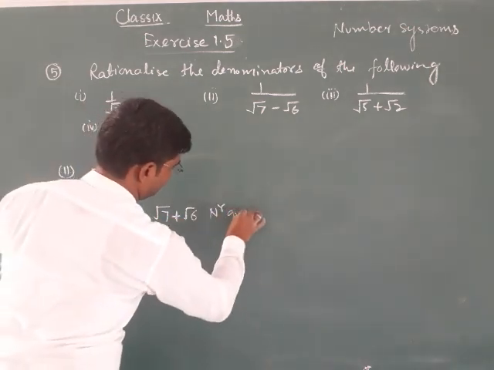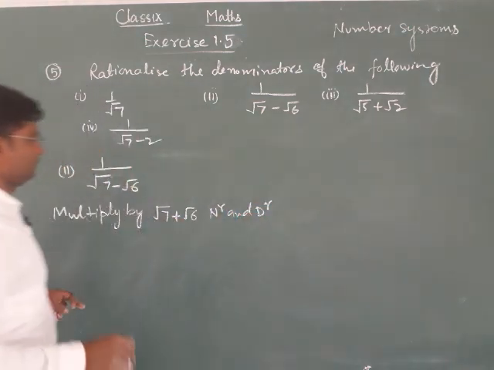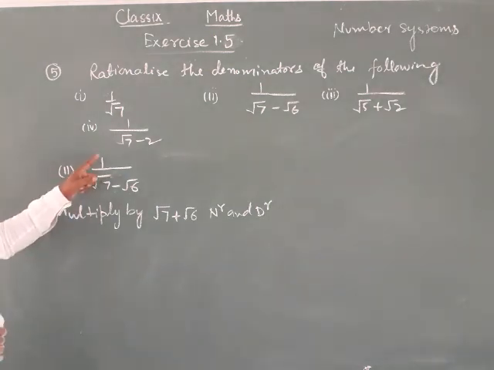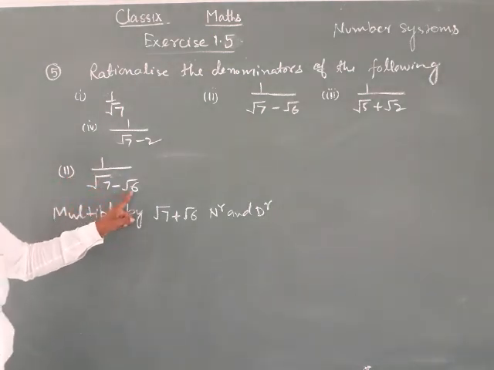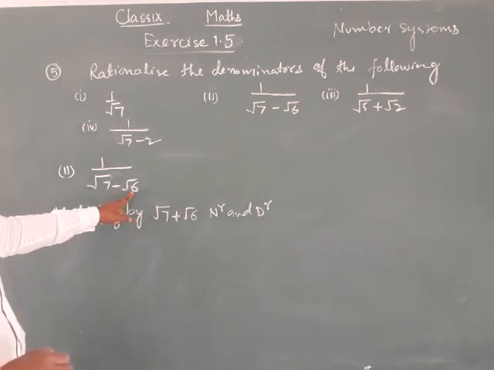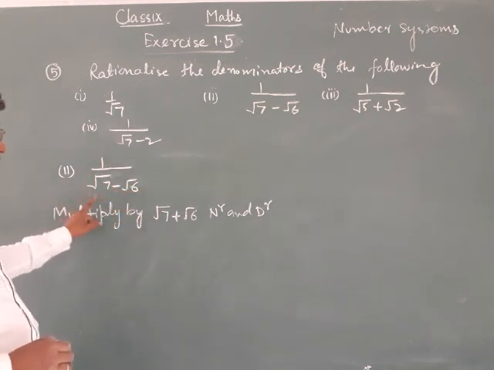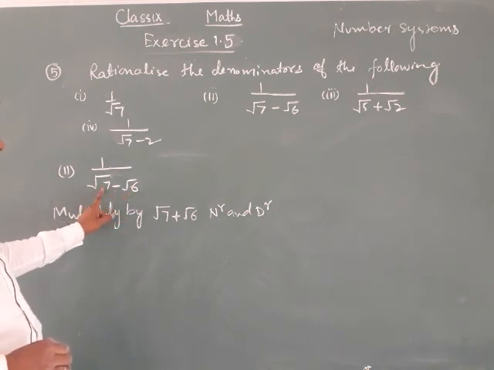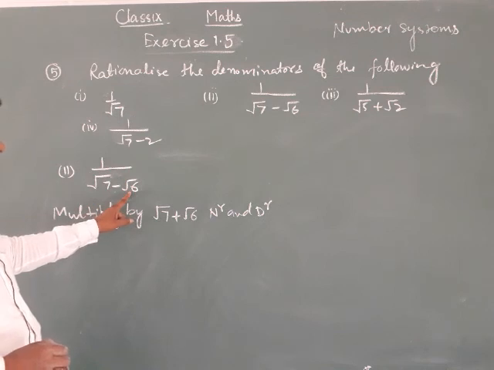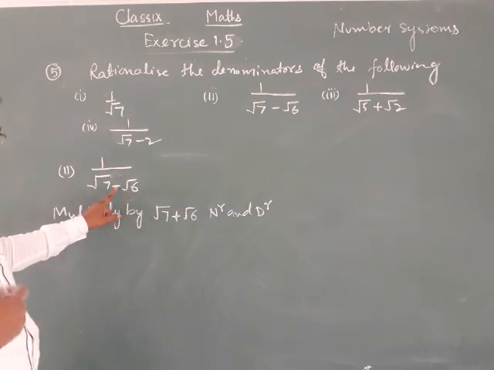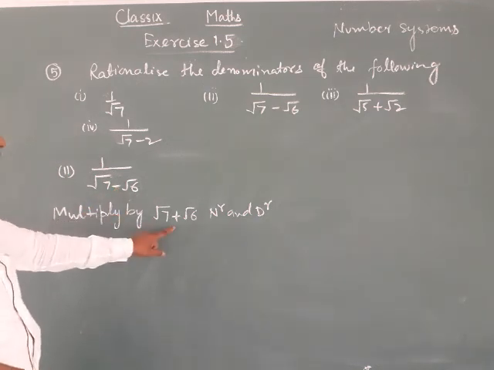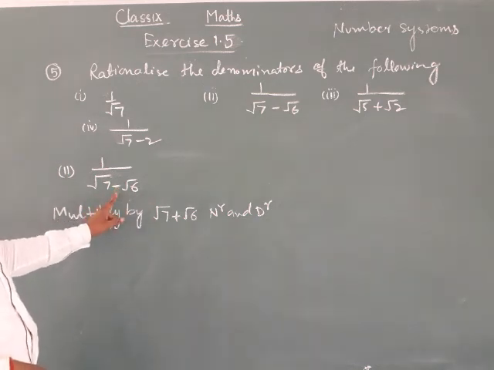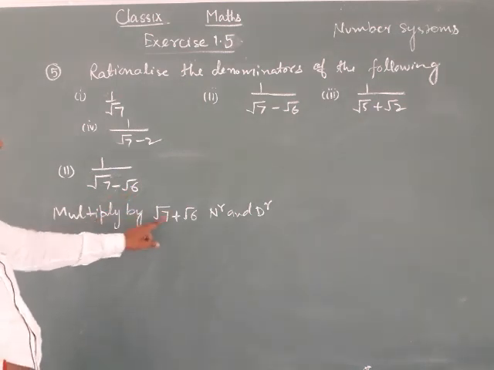We take the conjugate of this irrational number. Conjugate irrational numbers are the same, but with the opposite sign: where there is minus we get plus, and where there is plus we get minus.